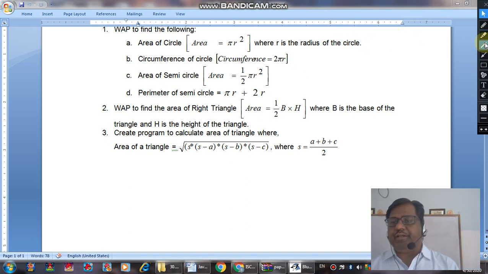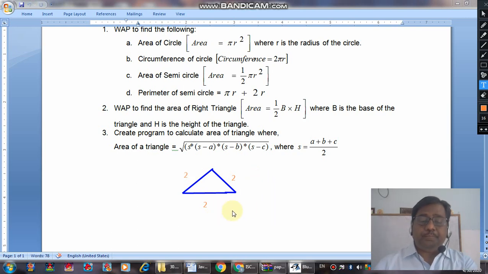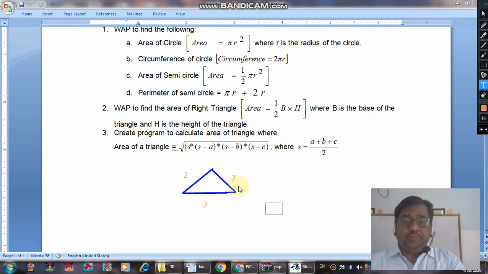Now take this very clear. When you are talking about a triangle, this is the structure of your triangle. When you are saying that the value of side A is 2, side B is 2, and side C is 2, that means A is 2, B is 2, and C is 2.